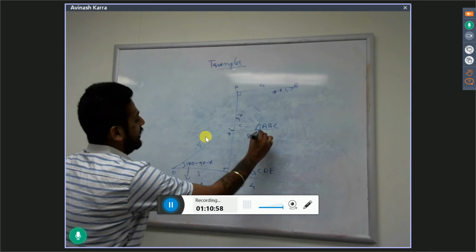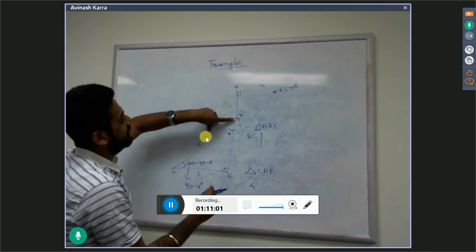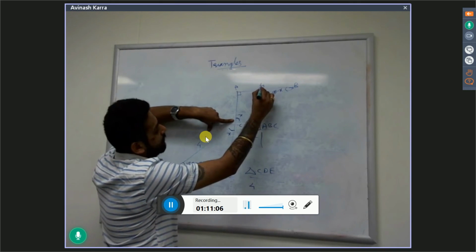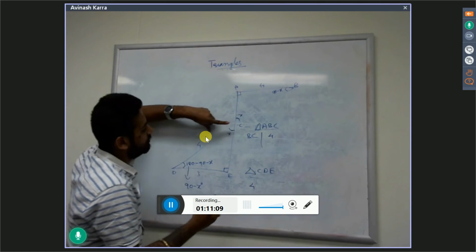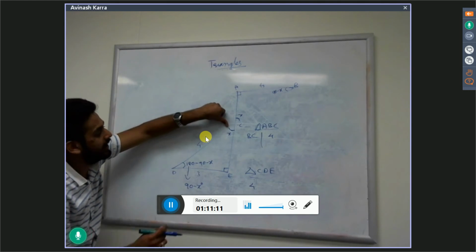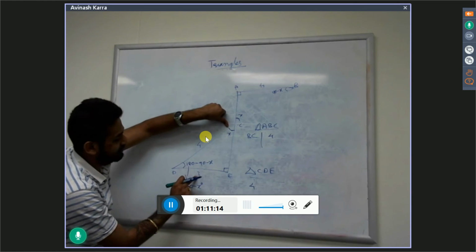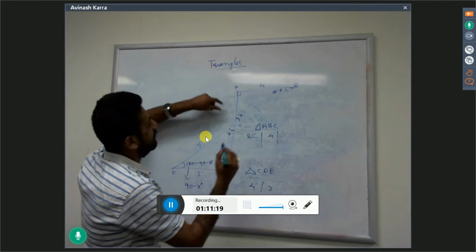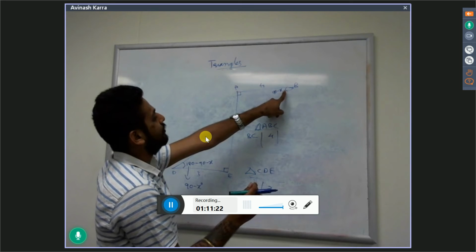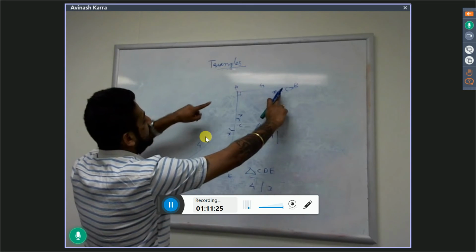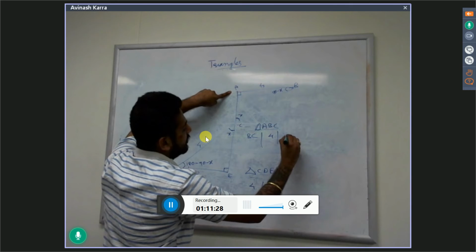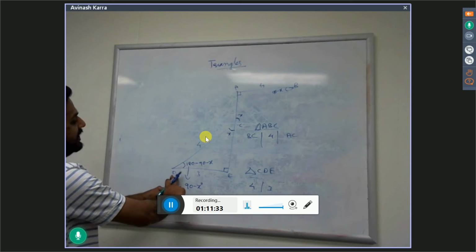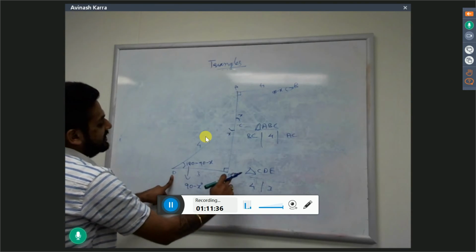Okay. What is the corresponding side to the angle x in triangle ABC? 4. Right? So what will be the corresponding side to the angle x in this triangle? 3. Then what will be the corresponding side to angle B, which is nothing but 90 minus x? AC. Right? What will be the corresponding side to the C?